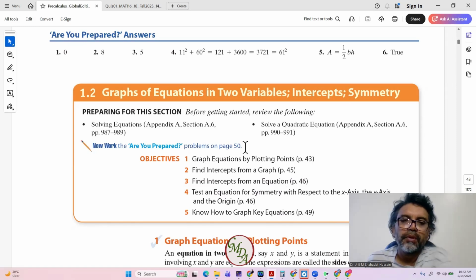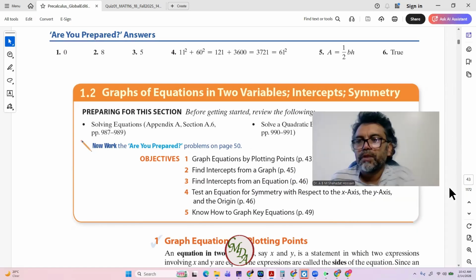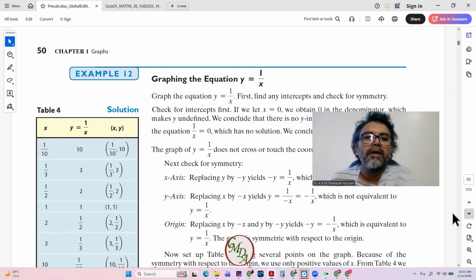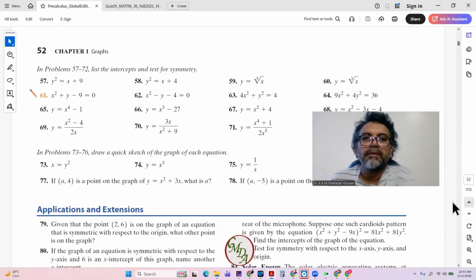We need to get the proper theory for this chapter first, and then solve the problems, so we'll discuss the theory as well as the solutions.